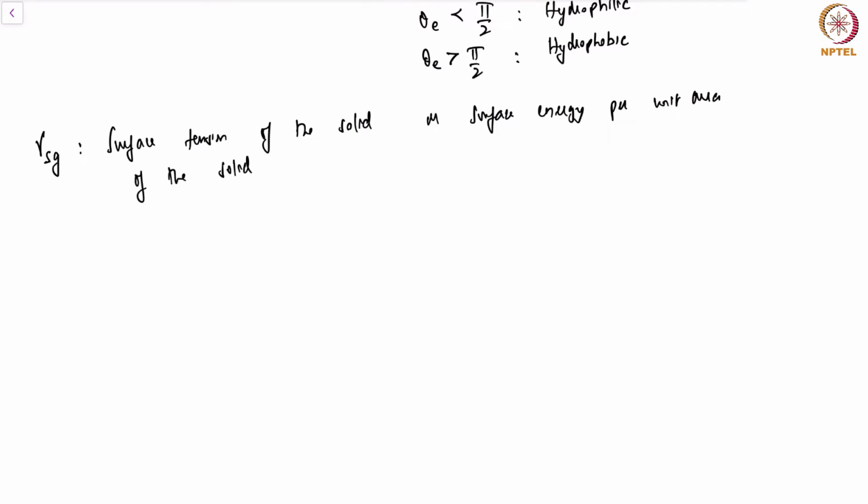Now typically in most cases when we refer to a gas, the gas is usually air, so you can simply say gamma S. This is also acceptable.